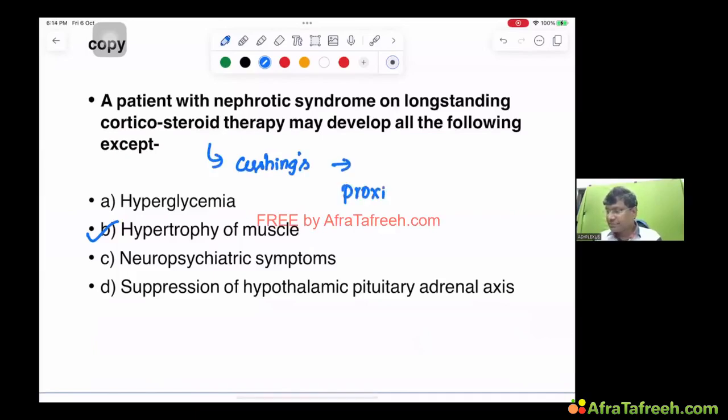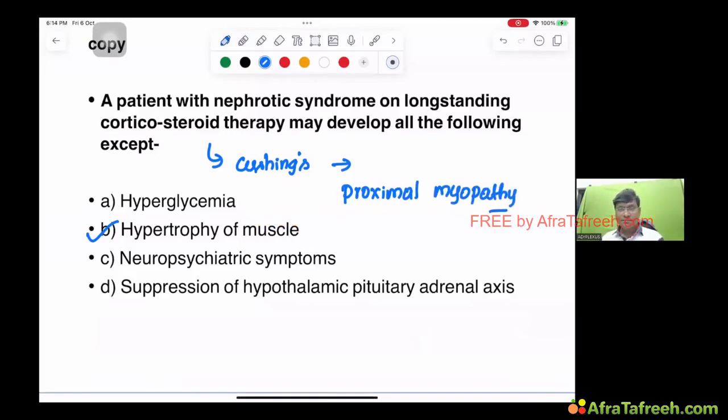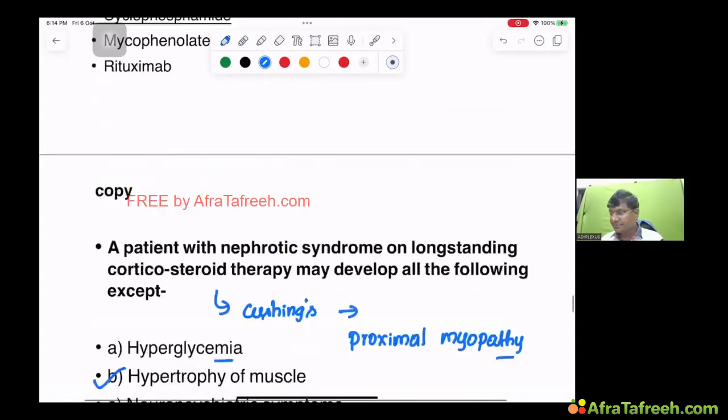They will develop proximal myopathy, so they will have loss of muscle mass, but hypertrophy of the muscle will not be there. And hyperglycemia will be there, neuropsychiatric symptoms will be there, and suppression of the hypothalamo-pituitary adrenal axis also will be there.